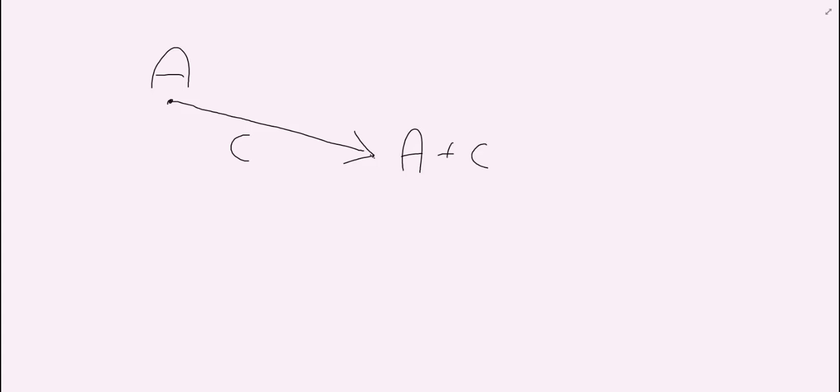So A plus c is the point that's here. However, we have a different time, so we basically have to take a ratio of the vector c and add that to the point A to find out where this particle, which is moving along c, ends up.